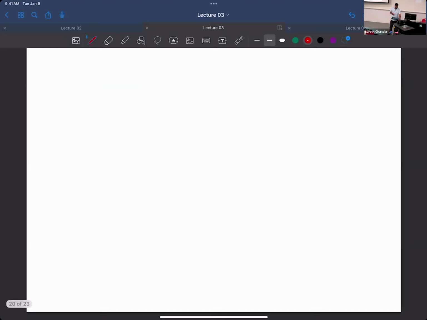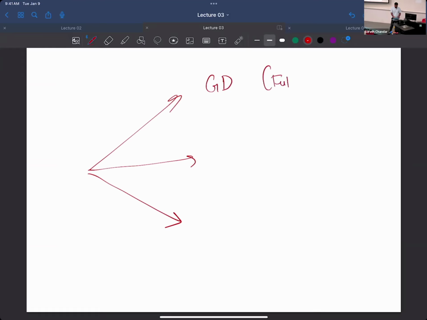So far we have seen 3 variants of gradient descent. There is the original gradient descent, which is the full batch gradient descent. Then we have stochastic gradient descent.